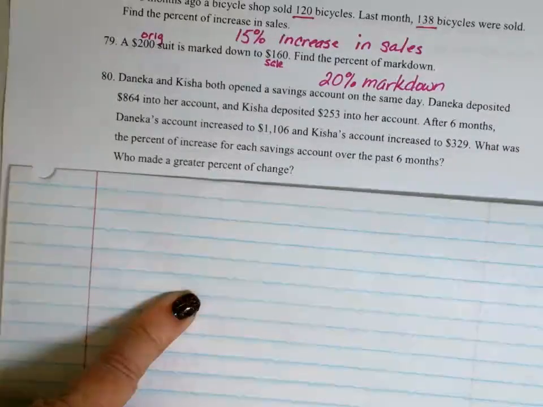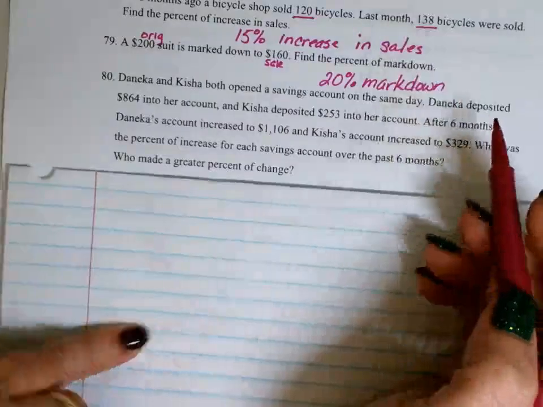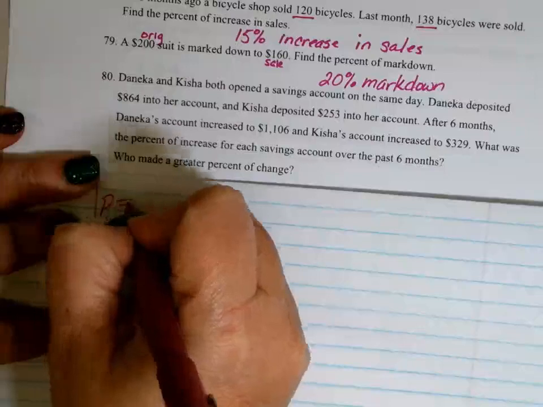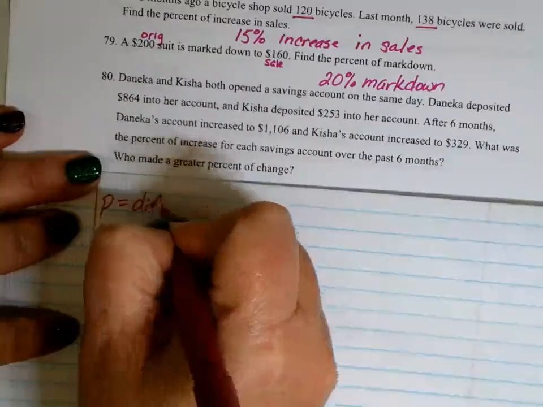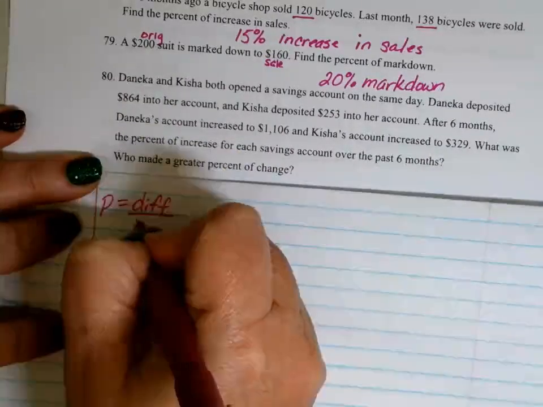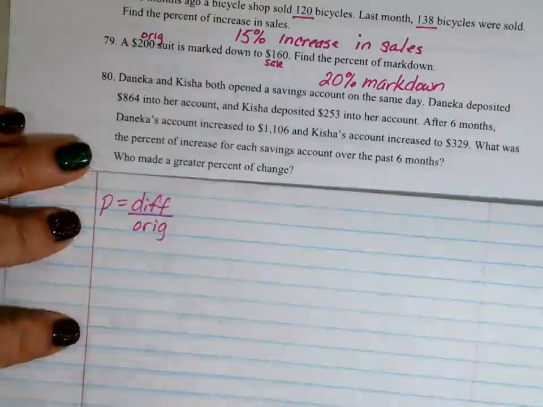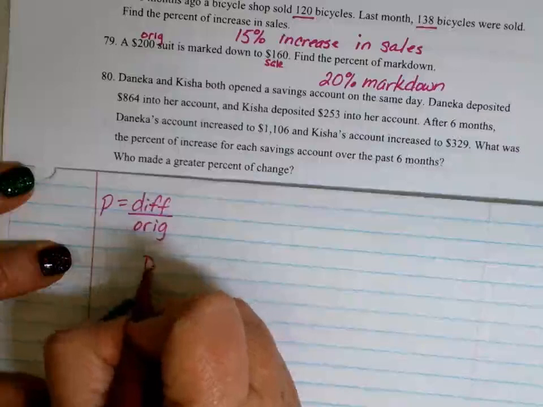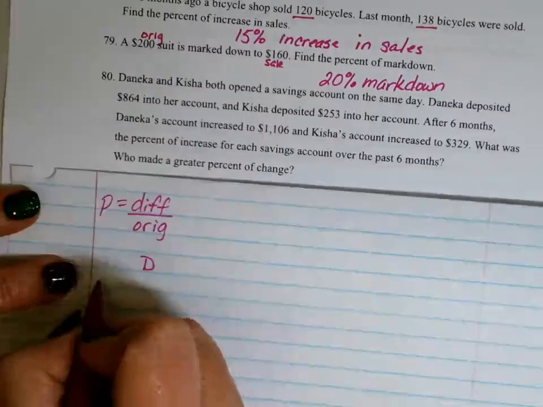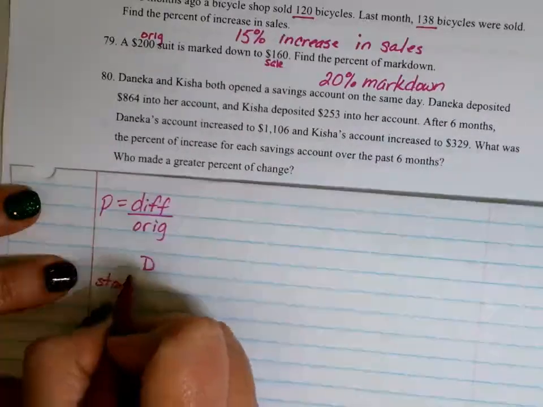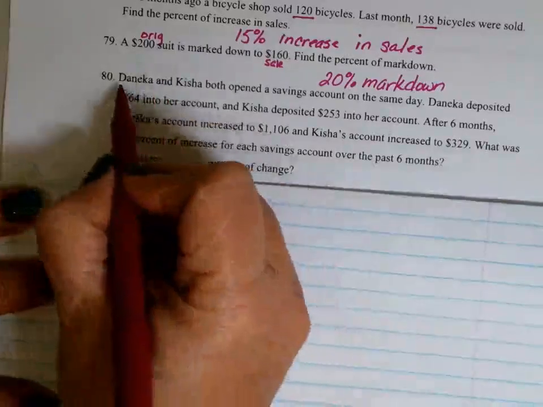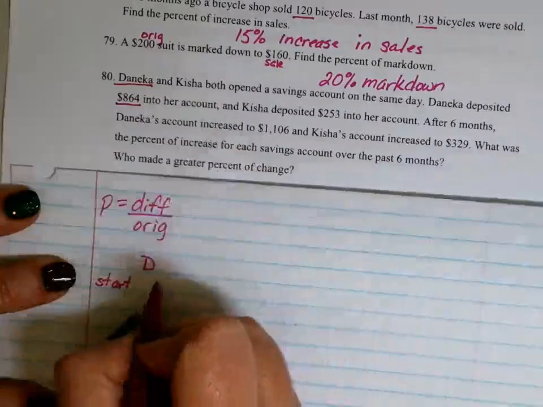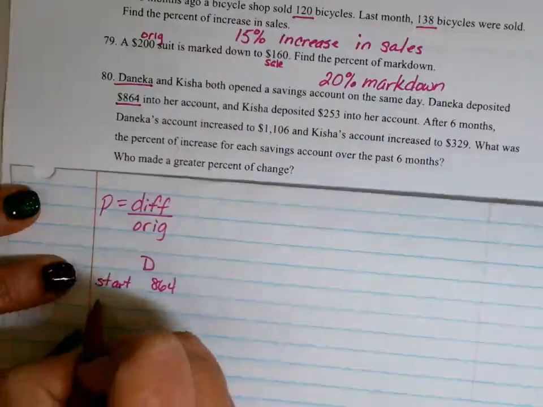Okay, so we've got our percent of change again. So we have our percent equals difference over original. Okay, so let's start with Danica. What was Danica's start? $864. What was her end?